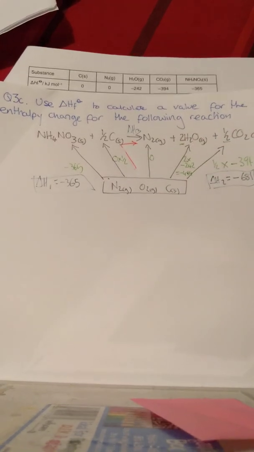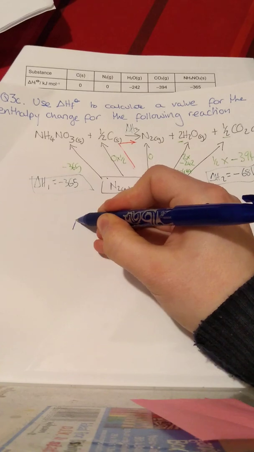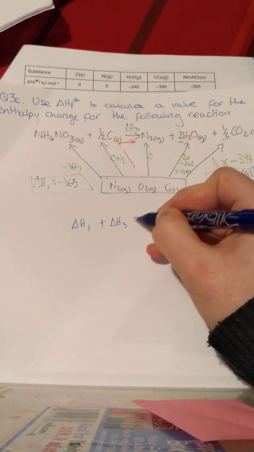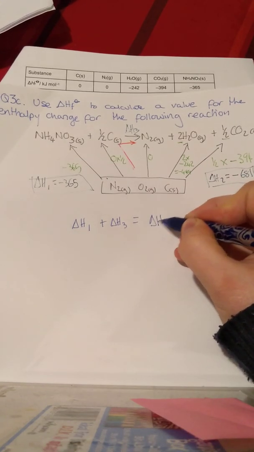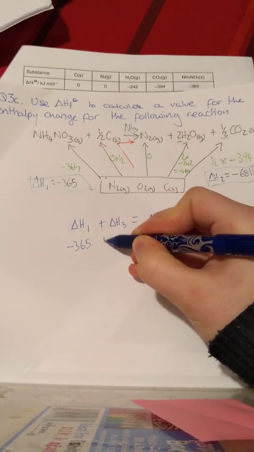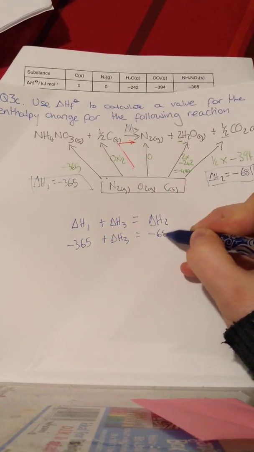Now, if we call this delta H3, and that's what we're trying to work out, if I look at the arrows, this route, the arrows are going in the same direction, will equal this route here. So I can say confidently that delta H1 plus delta H3 will equal delta H2. So if I input the numbers I have, I've got minus 365 plus delta H3 equals minus 681.